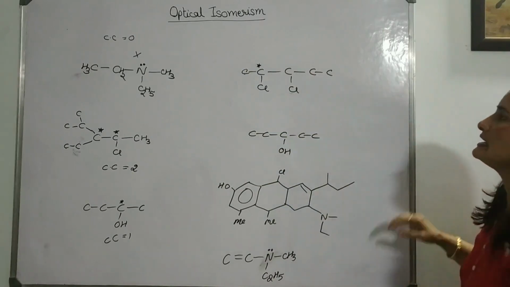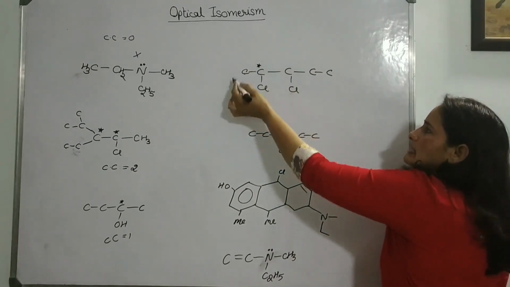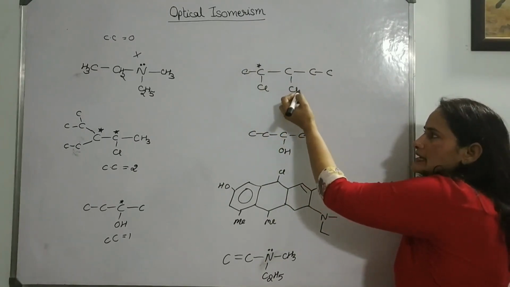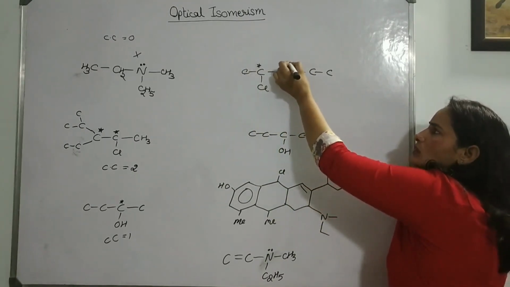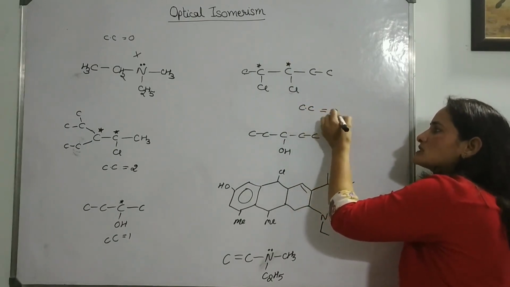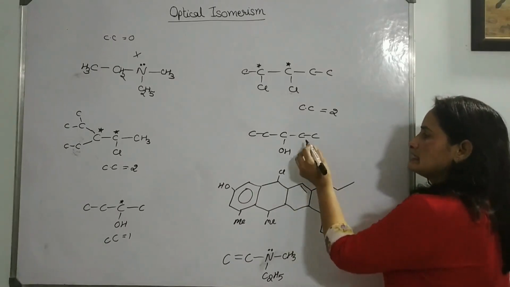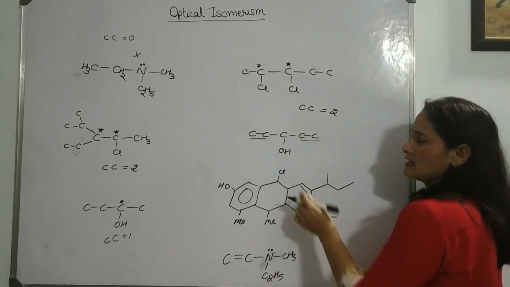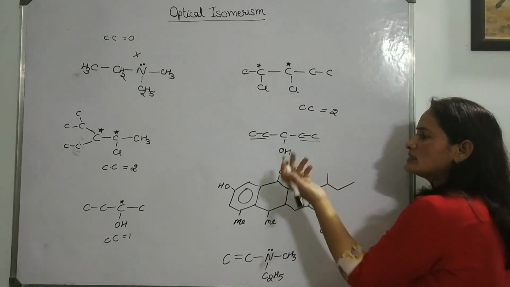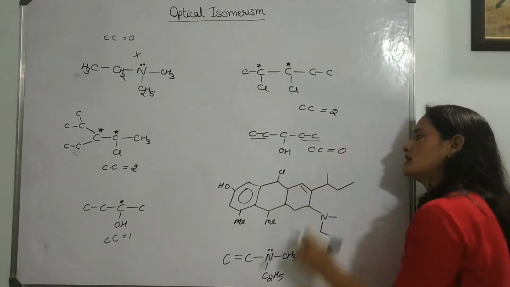Now similarly here, if we see one side ethyl, one side this group, one side chlorine, and another one will be hydrogen. So there are two chiral centers which are the carbons only. Correct? In this case, this is ethyl, this is ethyl. So two same groups are there, no need to check further. So it is having zero chiral centers.